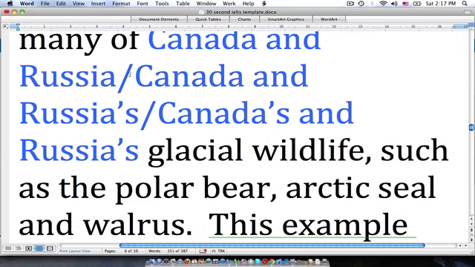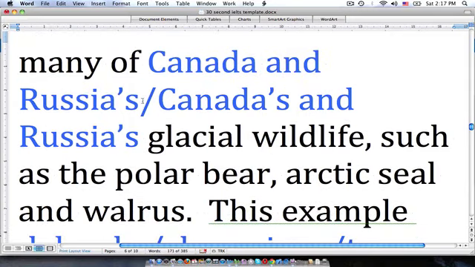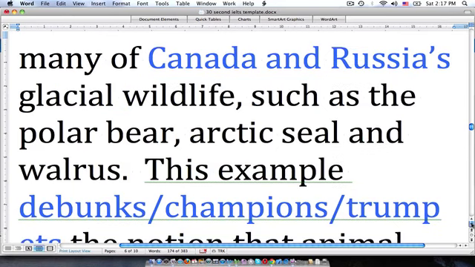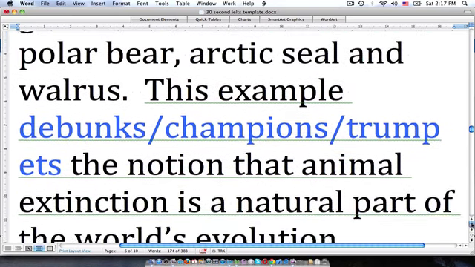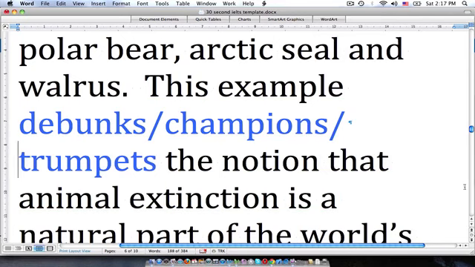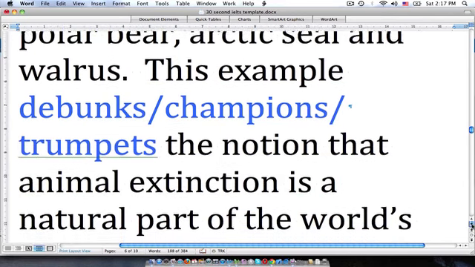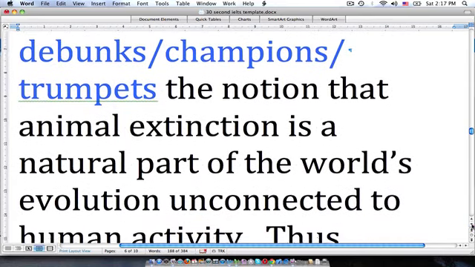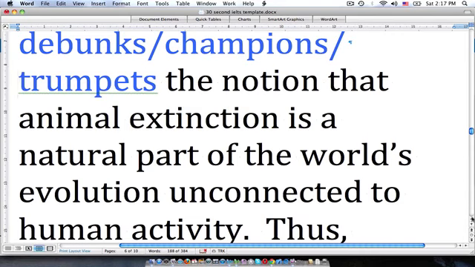Okay, and the answer here is Canada and Russia's. The other two options would be incorrect. This example debunks, champions, trumpets the notion that animal extinction is a natural part of the world's evolution, unconnected to human activity.